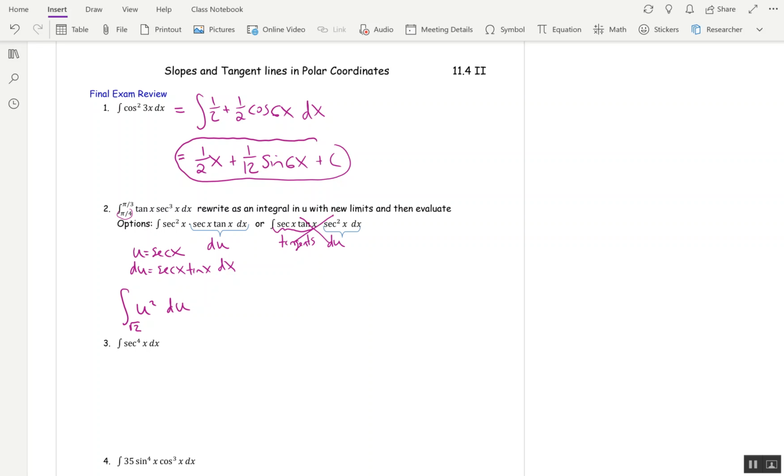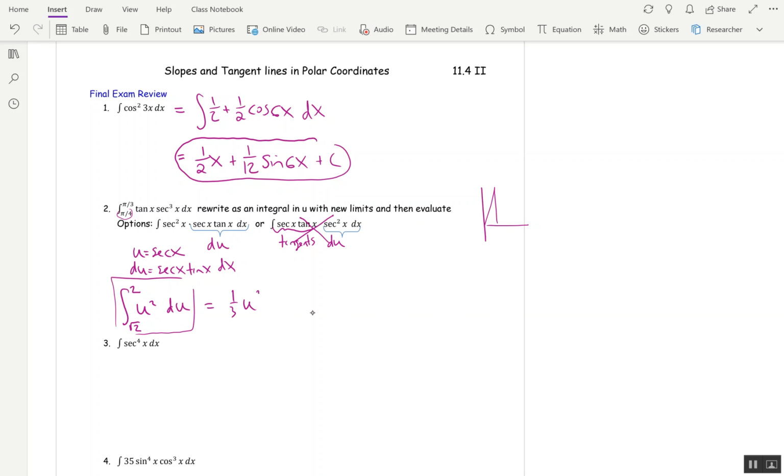And then when x is pi over 3, cosine is 1/2, so secant is 2. There's our new integral in terms of u. So we've done the first part, rewrite as an integral in u with new limits, and then evaluate. So now we'll evaluate.